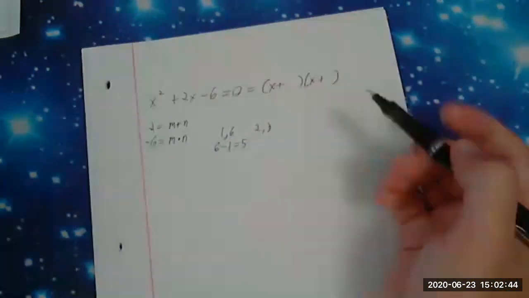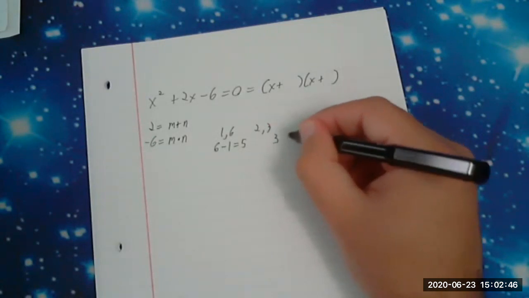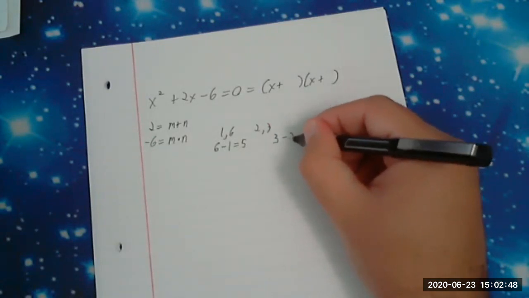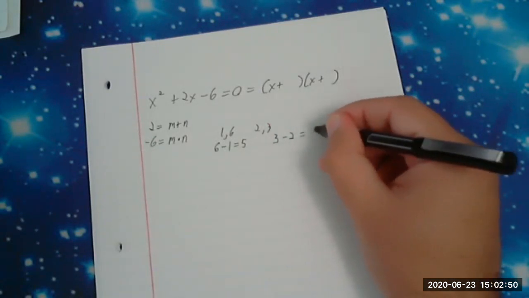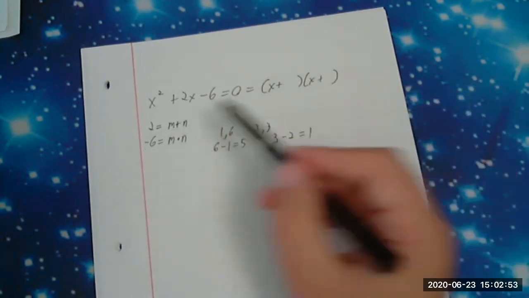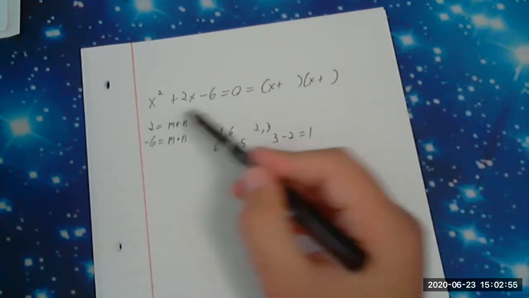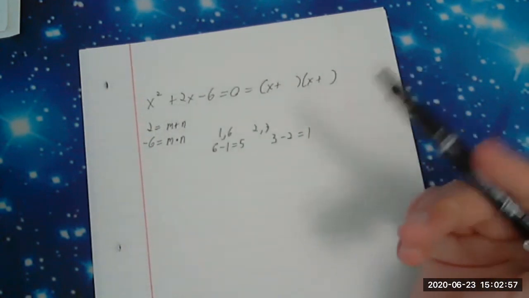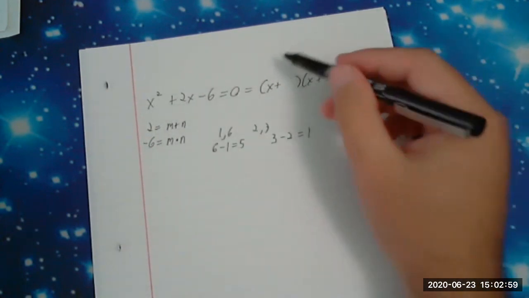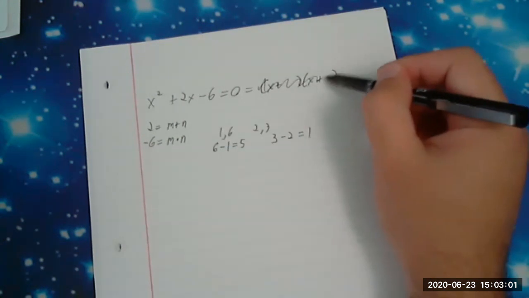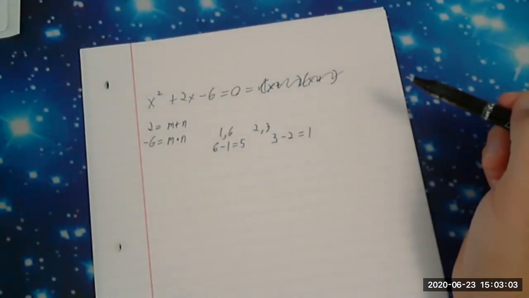That's not 2. And 3 and -2. 1. I'm sorry, it's not 2. 5 is not 2. 1 is not 2. So that means that we can't really factor these.